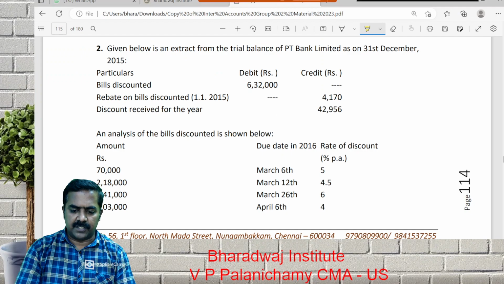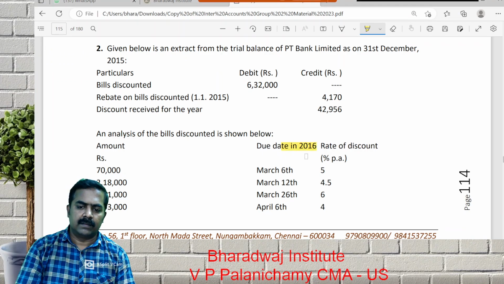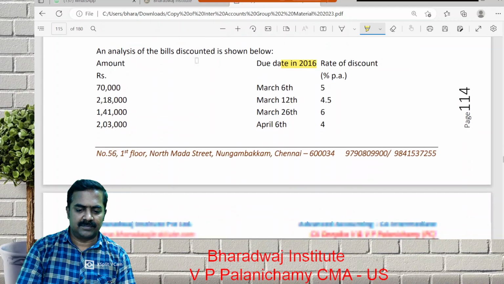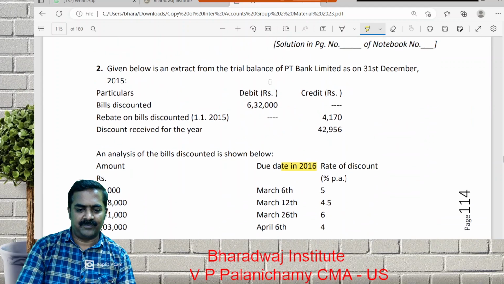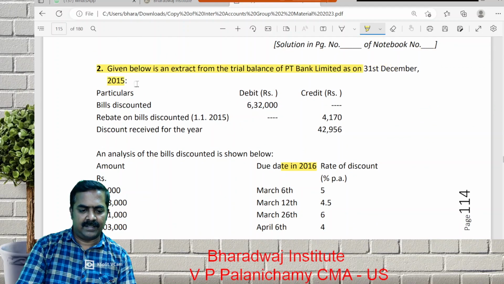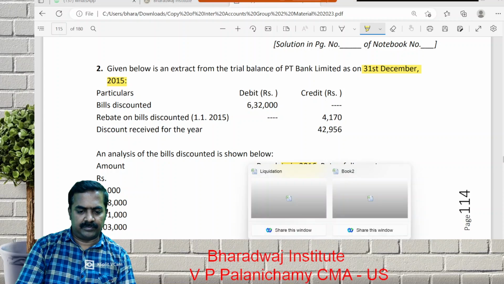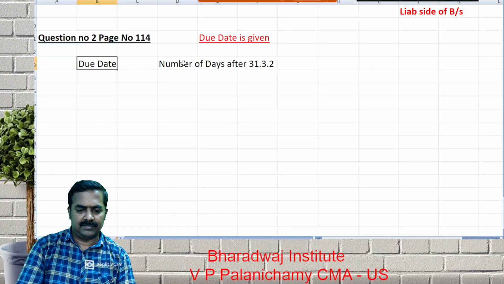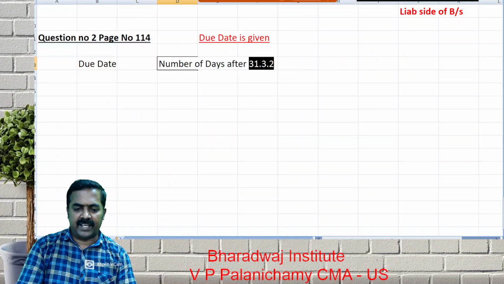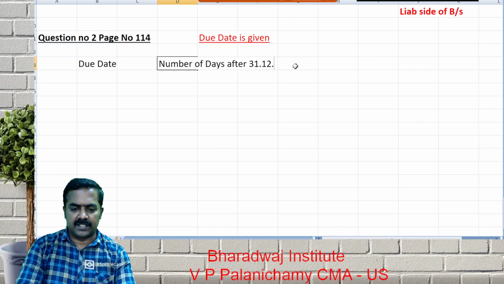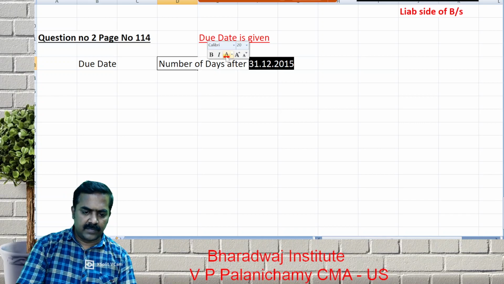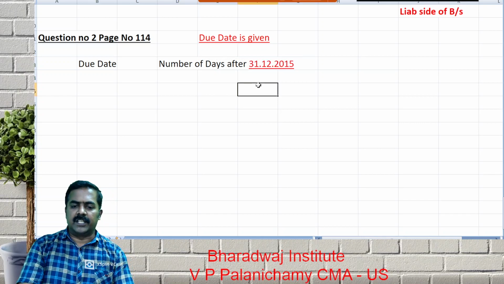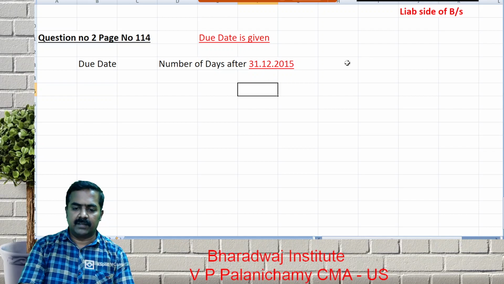When is the financial year? Count the leap year. Number of days after 31st December 2015. Final accounts are prepared on 31st December 2015.